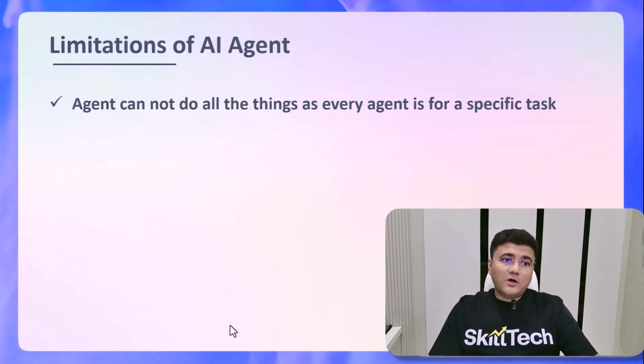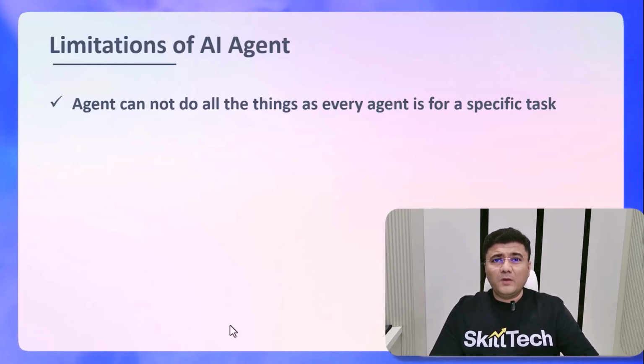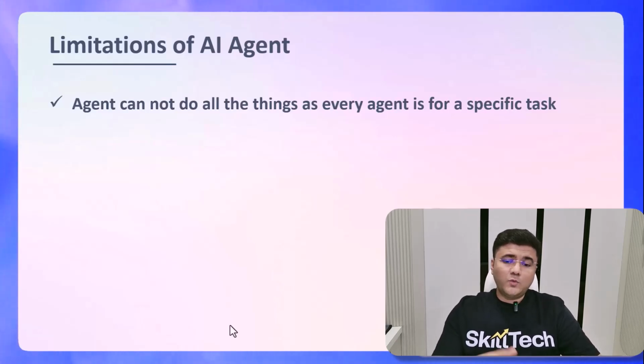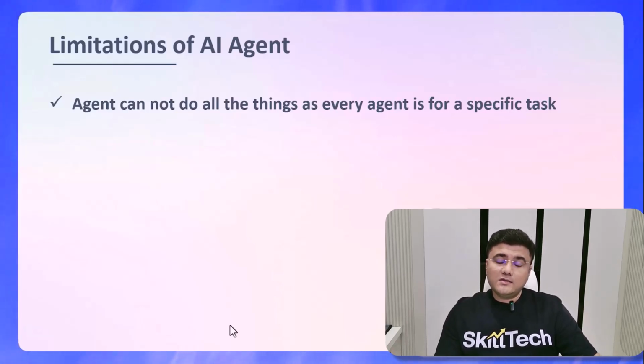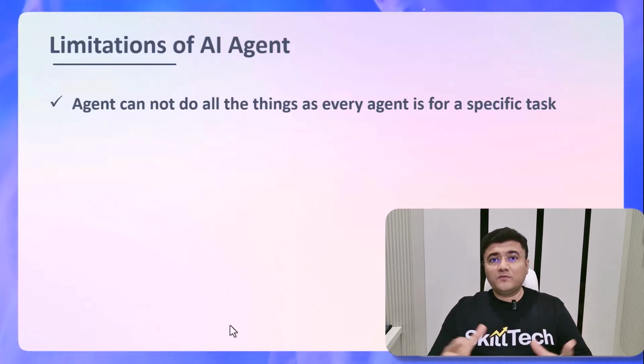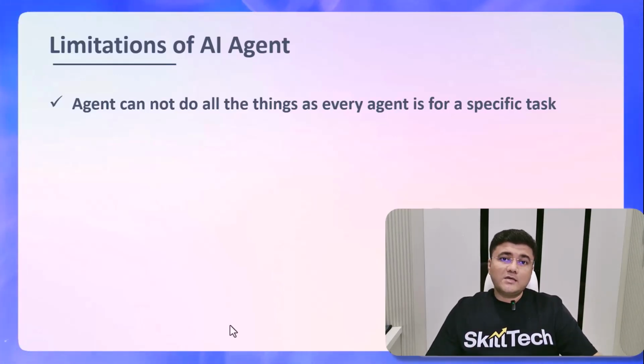Now, maybe when I talk about the limitation of AI agents, some people say, what if we have multiple agents? One agent is going to do one task, another agent is going to do another task. Well, if you're thinking in this direction, that's 100% the correct direction, because that's a need of modern-day solutions: you need a multi-agent kind of solution. But it's not that easy, like you say.